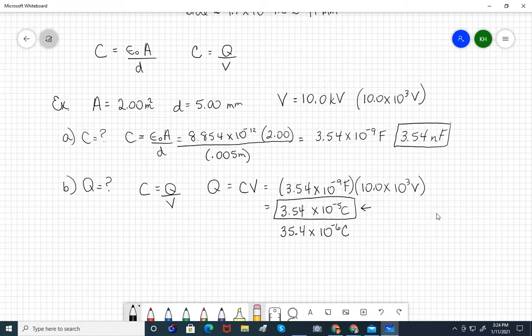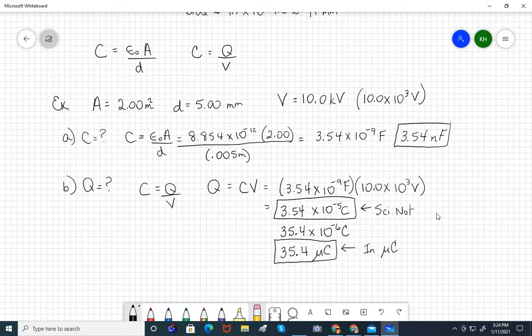The whole point in writing it like this is to recognize that would be 35.4 microcoulombs, because 10 to the negative 6 is micro. So either of these, this is the correct answer in scientific notation. There's nothing wrong with that answer. This is the correct answer if I just was asked to answer in terms of microcoulombs.